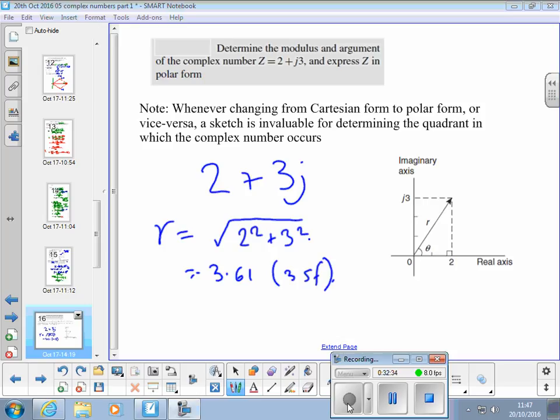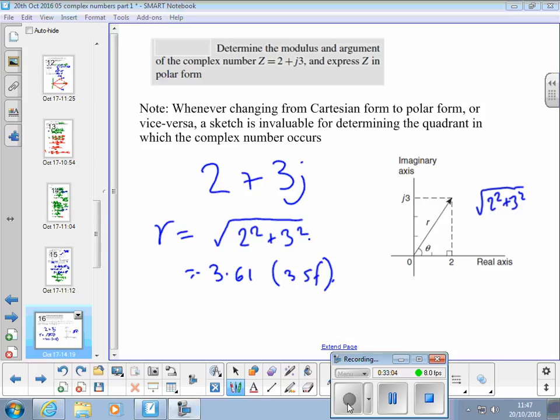The length of that line is the square root of 2 squared plus 3 squared by Pythagoras theorem. If you're doing this manually, you've got to find the magnitude using Pythagoras theorem and the angle using the tangent ratio of trigonometry.